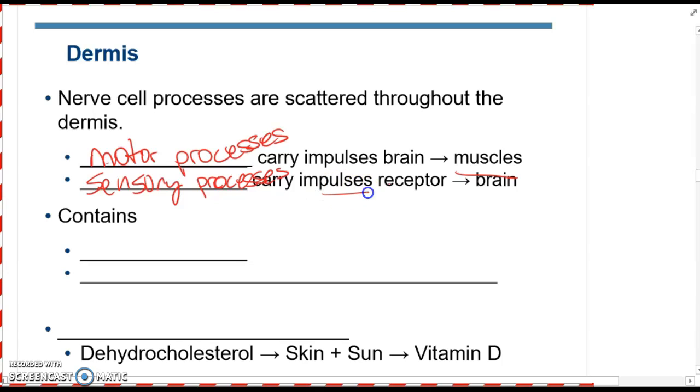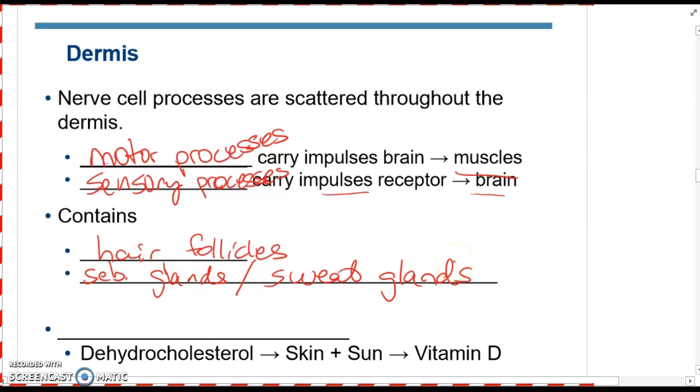They carry those impulses, again, to the brain. So motor, think movement, sensory, think senses. Both of those contain hair follicles, and they also contain those sebaceous glands that we had talked about in the video before, and sweat glands as well.